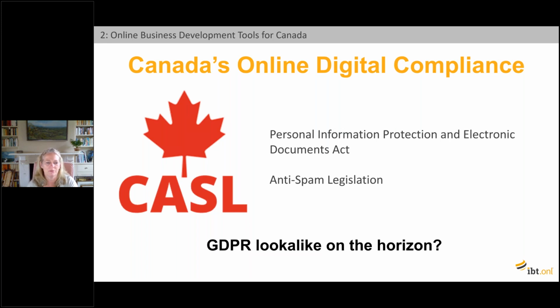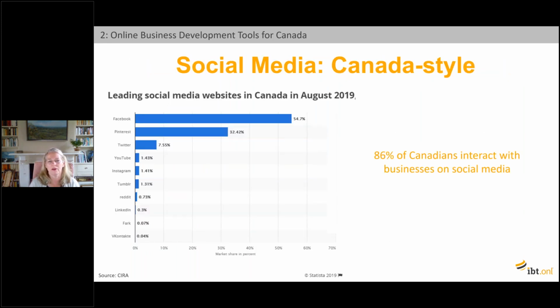My guess, and personally I think, is that in 2021, within 6 to 12 months, you will see Canada putting more legislation on their online world, making it closer to the General Data Protection Regulation of Europe. If you have a website for Canada and you're not CASL compliant, you can risk very heavy fines. So be careful on that.